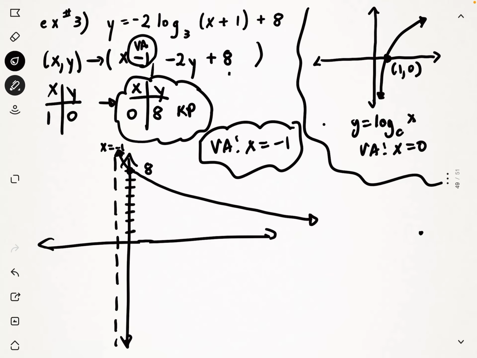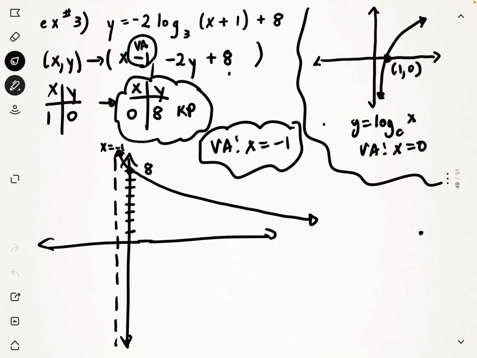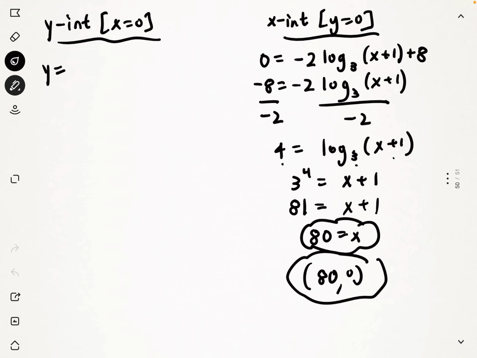And the y-intercept, the reason why I left that out is because we can't really calculate the y-intercept right now. Notice here, we already have, sorry, it was actually the key point, which is (0, 8). But let me just do the calculations for you anyway, just in case you didn't notice that.